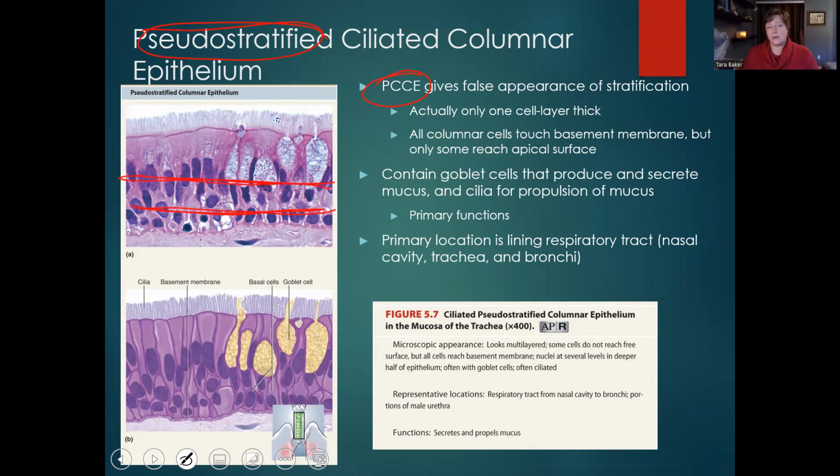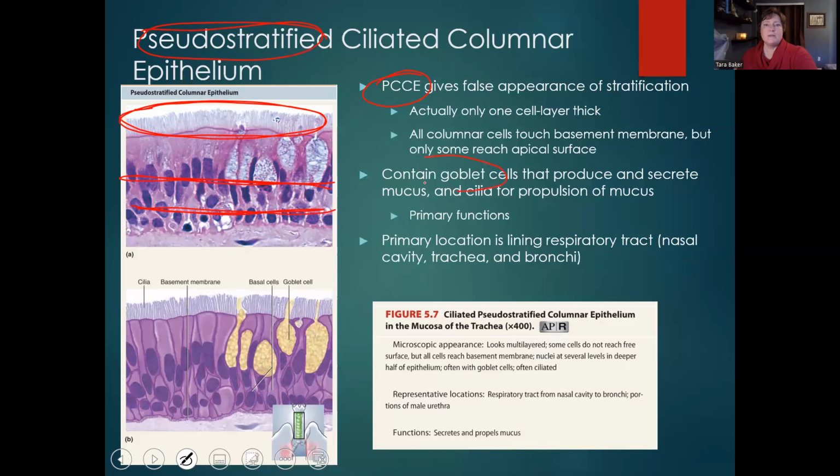It looks like it's stratified, but if we looked closer, we would find that every one of these columnar cells, or these funky cells, is attached to the basement membrane and next to each other. So they are pseudostratified. They're actually just one layer thick. They have this beautiful cilia up here on the top. So they are pseudostratified, columnar, ciliated epithelium.